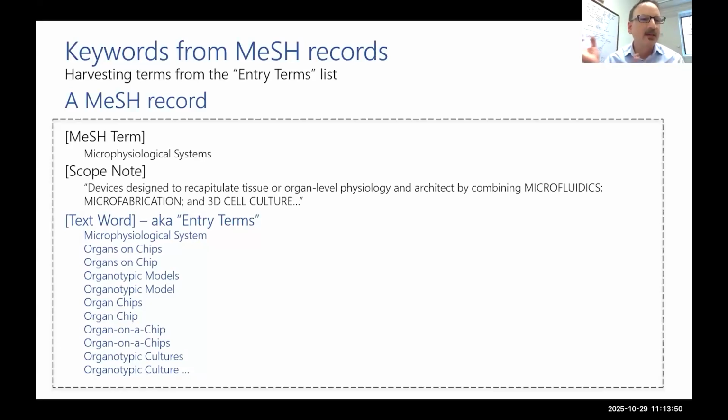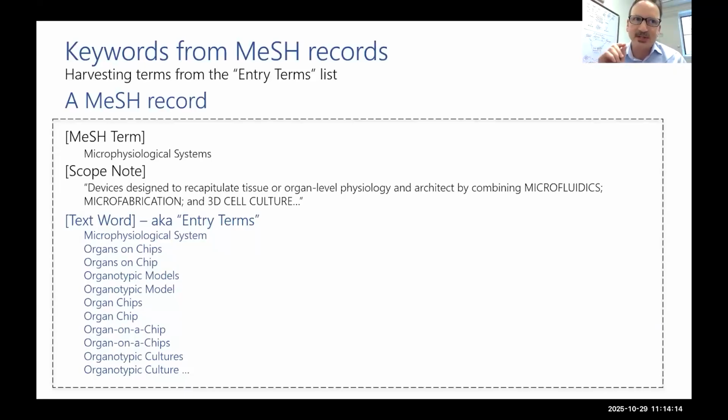So people talk about the singular microphysiological system. They also talk about organs on chips, organotypic models, organ chips, and a whole list of others. The ellipsis indicates that there are more terms. So this is really a great source for keywords that you may already be familiar with, or maybe terms that you would never have thought of.